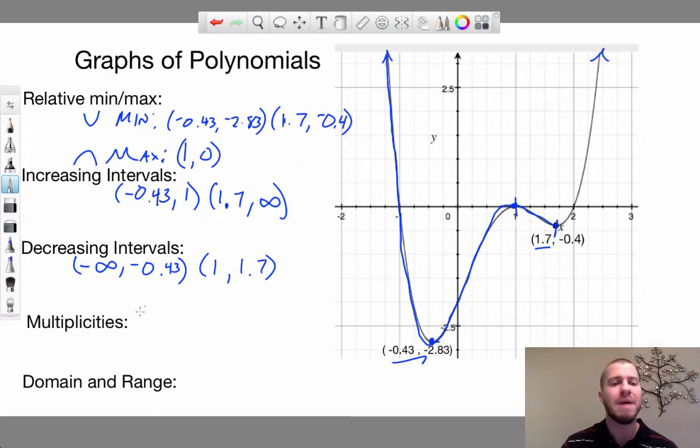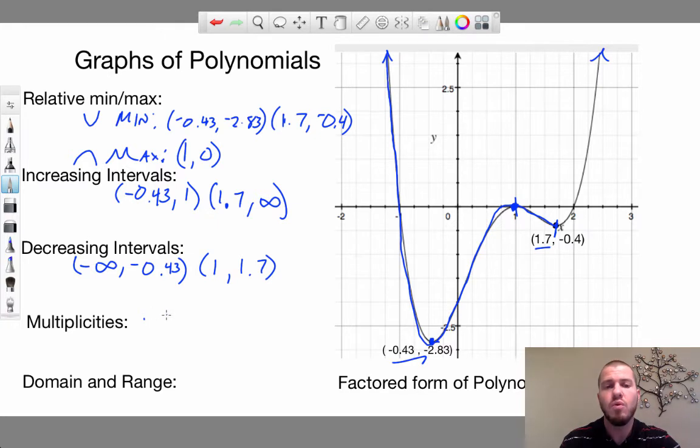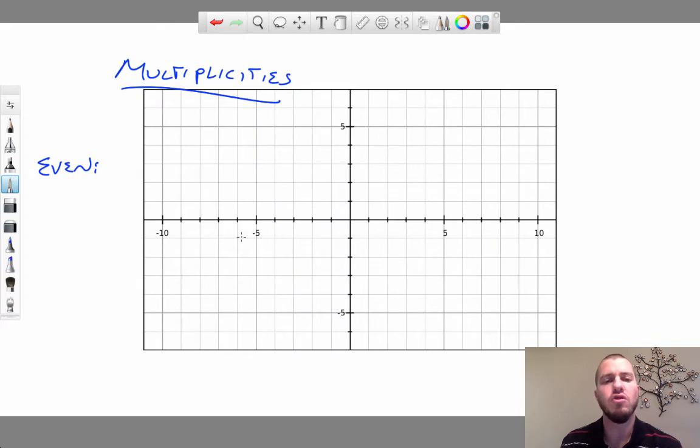So now we're going to learn about the multiplicities of the graphs. You can also tell multiplicities from the graph, which is going to occur where the graph turns on the x-axis. You have a minimum or a maximum on the x-axis, basically. So I'm going to start with a new graph to show what the multiplicities look like with different types.